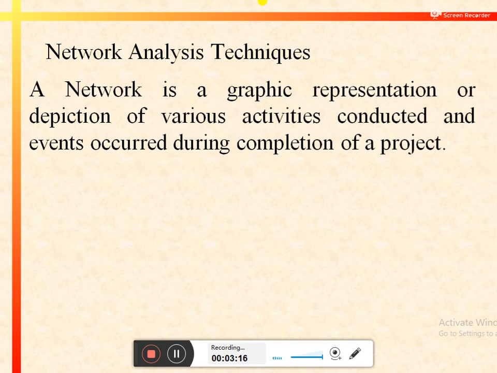A network basically is a graphic representation or depiction of various activities that are conducted and the combination of events that occurred during the completion of a project. So basically, a network is a graphic representation of several activities or events that might take place during the completion of a project in hand.